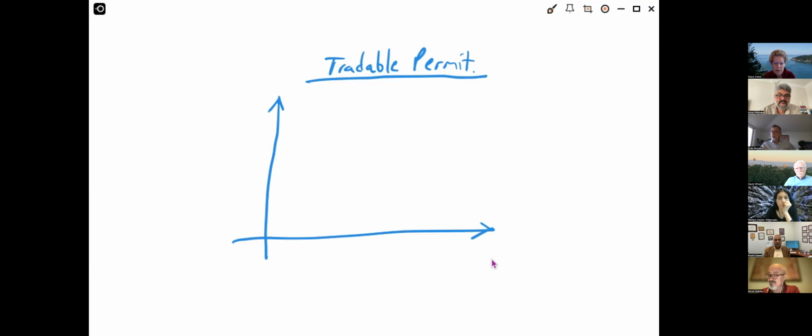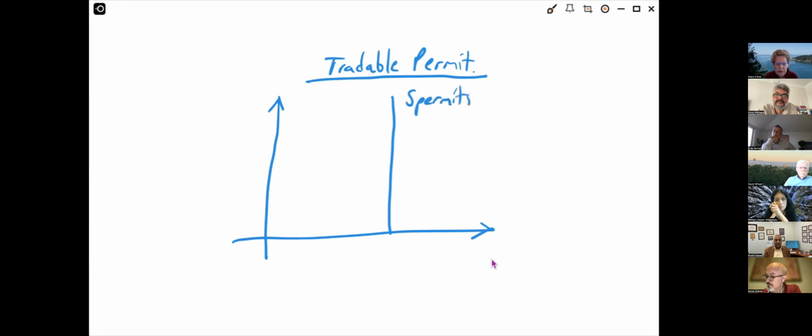Since the number of tradable permits is fixed every single year, the supply of permits is a vertical line with infinite inelasticity. So this is the supply of permits.